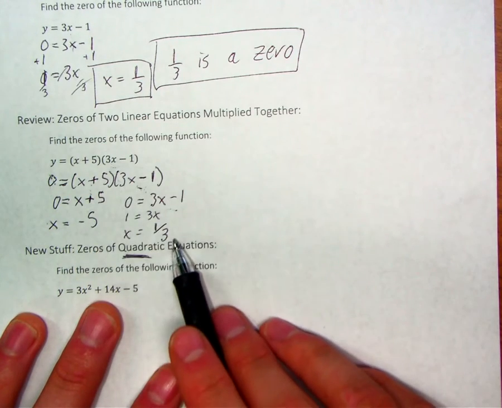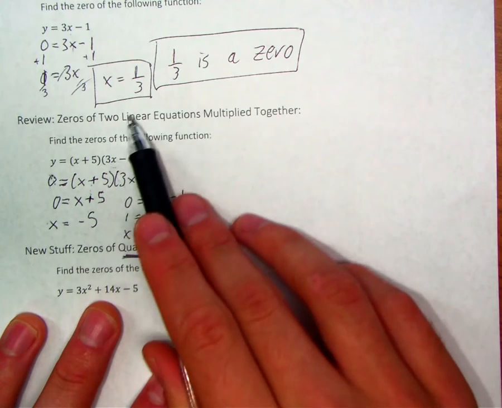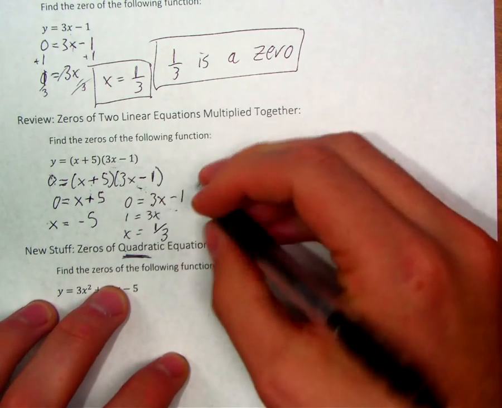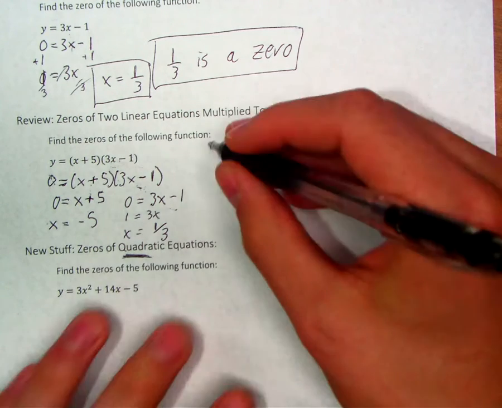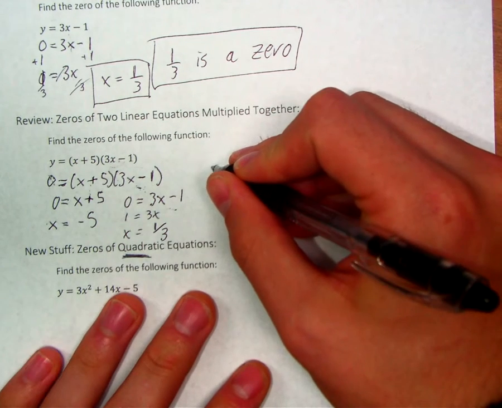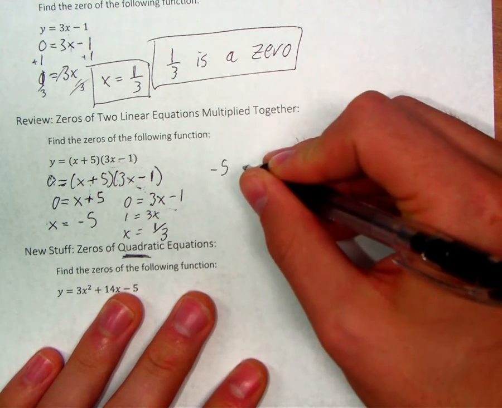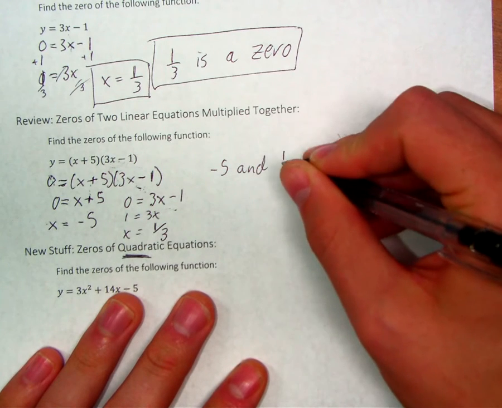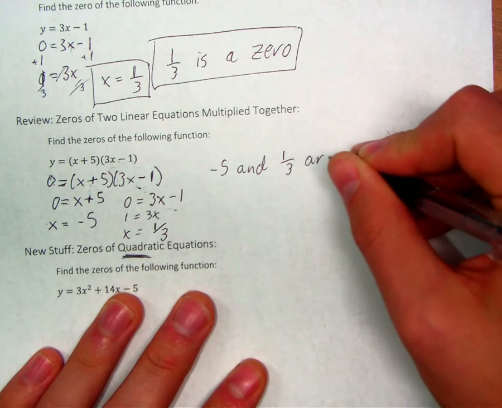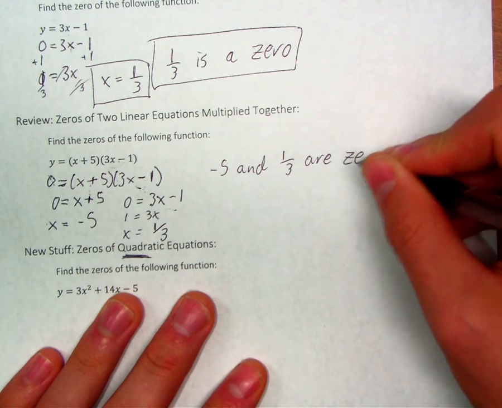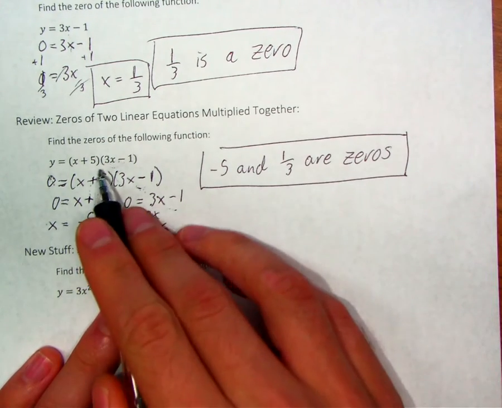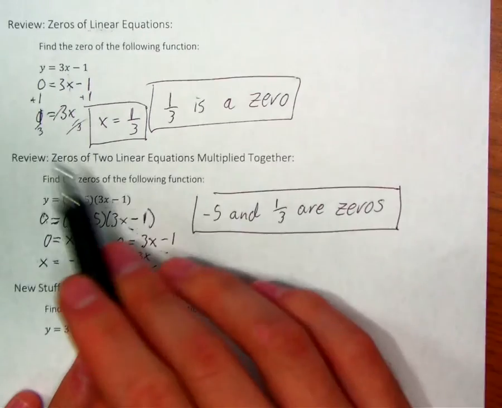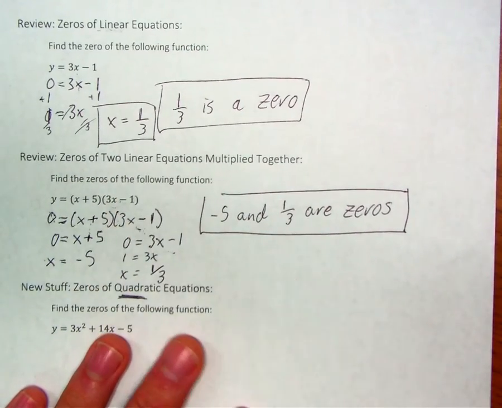That's why we get the same x value as in this problem. So, in this equation, where you have two linear equations multiplied together, you get two zeros. -5 is a 0, and 1/3. They're both zeros of this equation. Okay. So I just reviewed what we did in the first two videos.